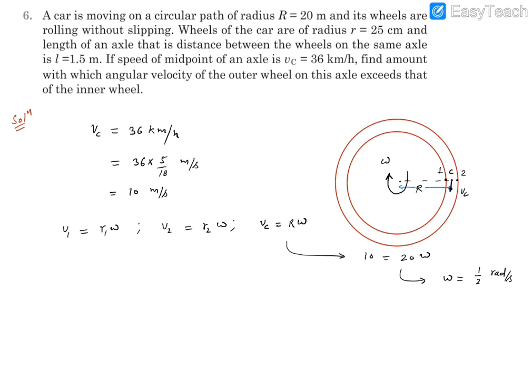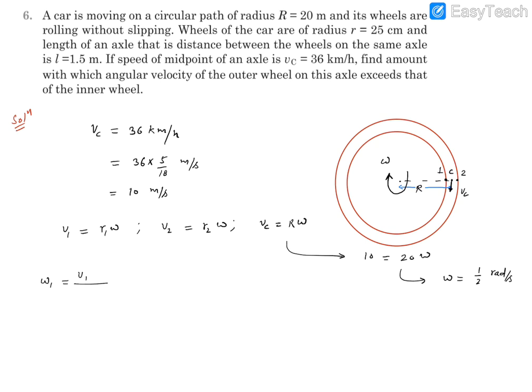So omega 1 will be written as V1, the velocity of this, divided by the distance of this one point. Now this R1 is the distance that we are measuring from here, and this R2 is the distance from the center, which are different.